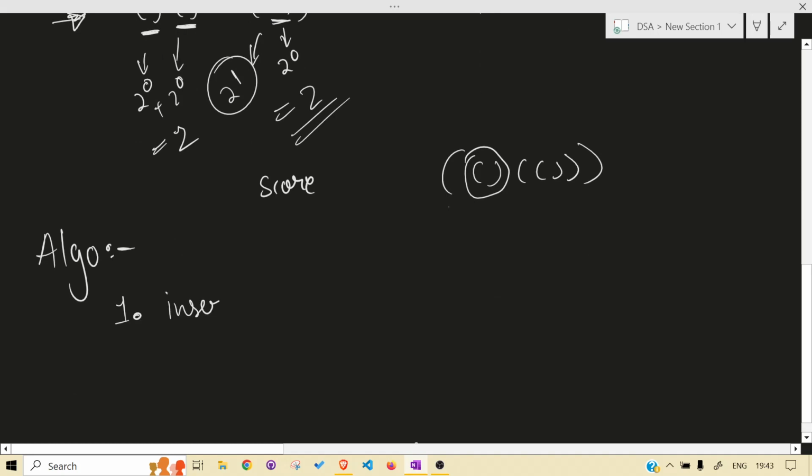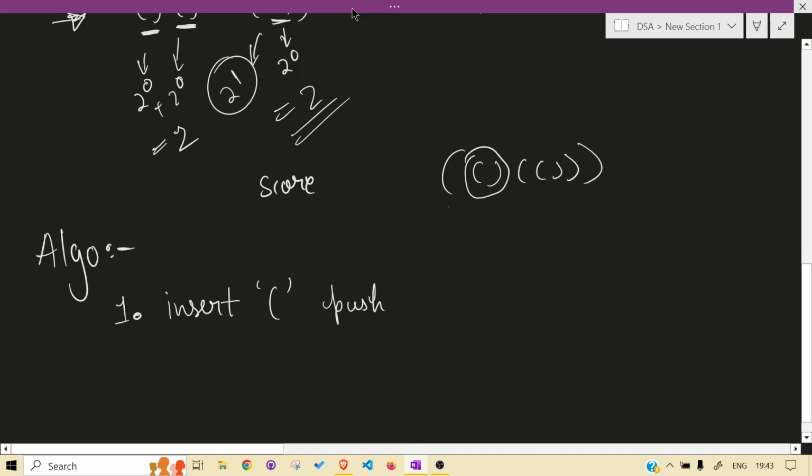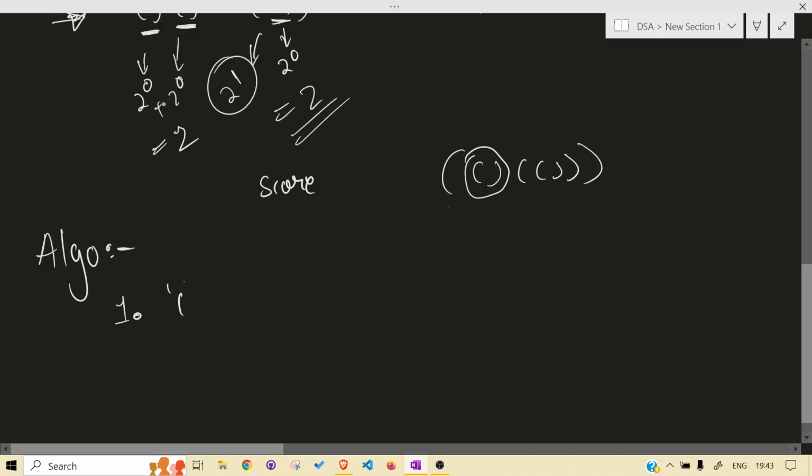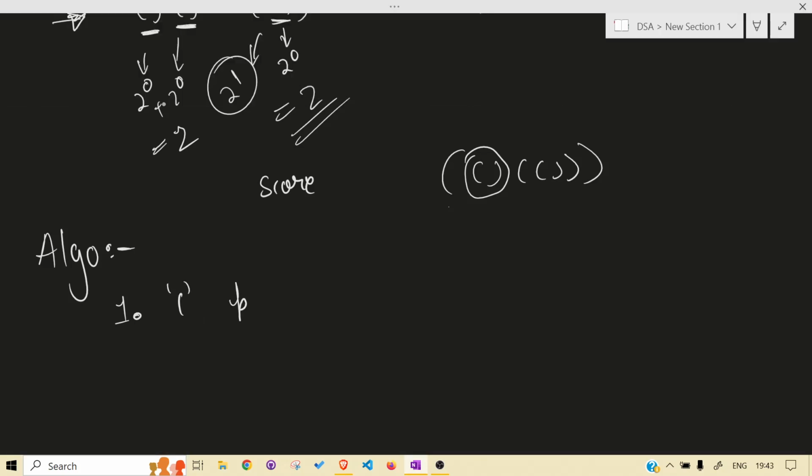In the case when we have this opening bracket, we push the score inside the stack.